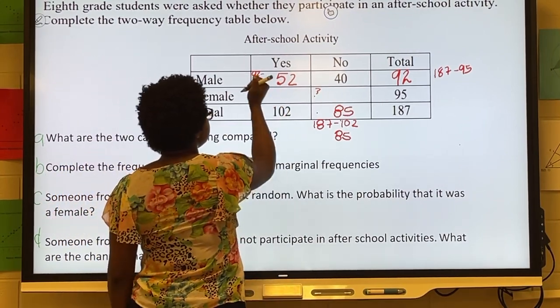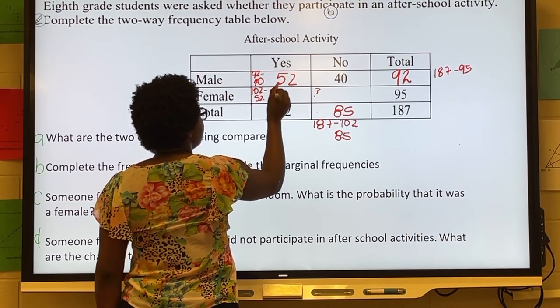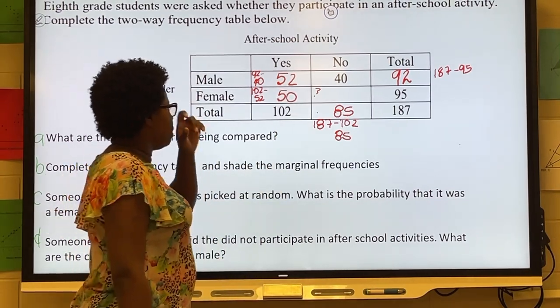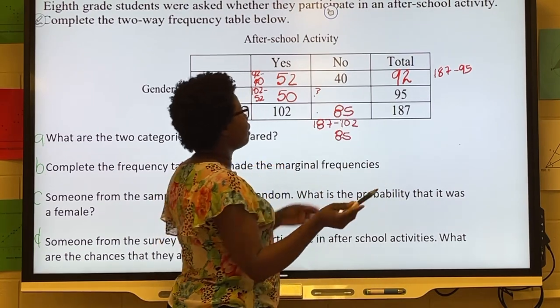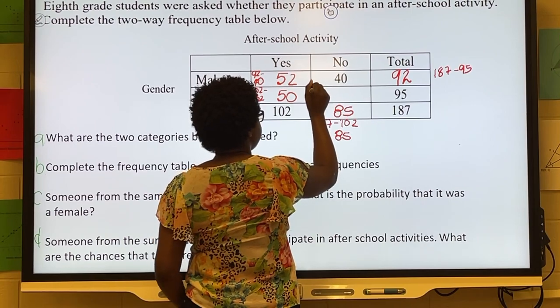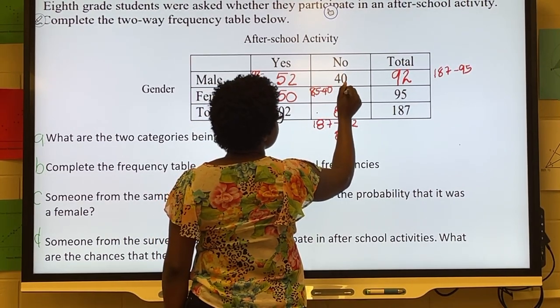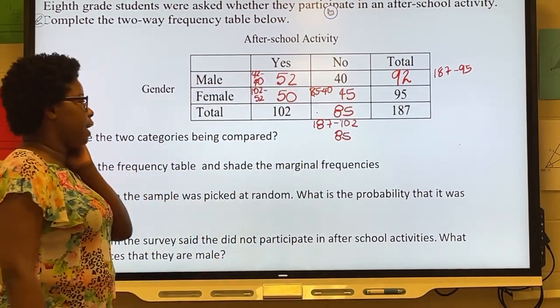So 102 minus 52 will give us 50. And the next one says 85 minus 40, or you can say 95 minus 50. I'm going to go 85 minus 40 to give us 45. And that's how you complete your two-way table.